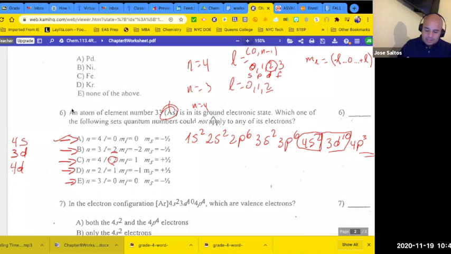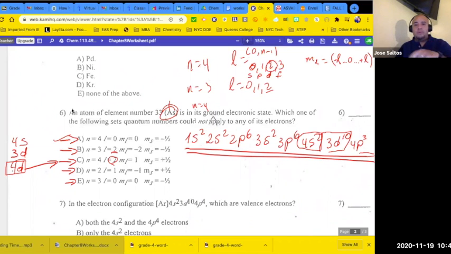So that means that this set of quantum numbers cannot apply to any of the electrons in arsenic, because the electrons in arsenic will correspond to any of these orbitals. Just to check, let's see what D is. We have principal quantum number 2, L equals 1 is p, and yes, we have 2p.